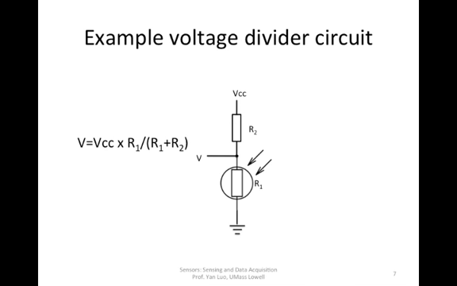Using Ohm's law, you can easily get to this formula. Using the supply voltage and the resistance of these two resistors, you can calculate the voltage. When light intensity changes, the resistance of this R1 will change. As a result, the output voltage V will change. And that's the electric output coming out of the sensor.